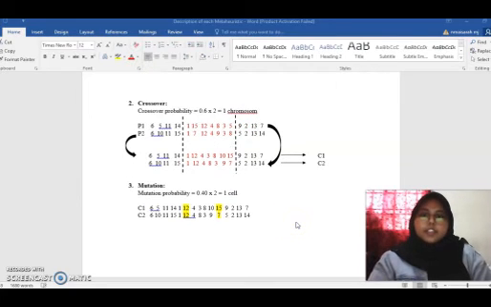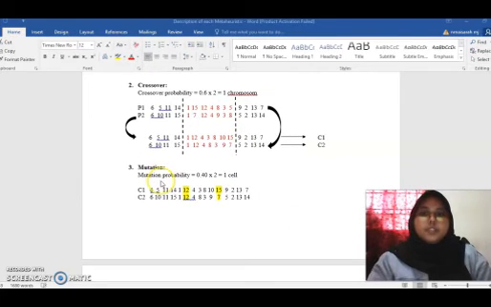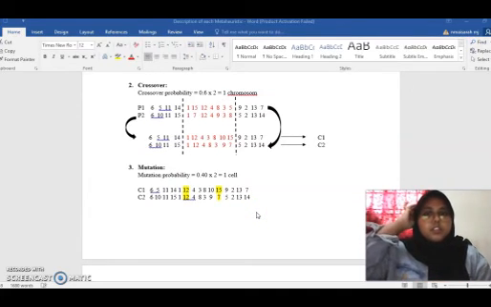And the next one is mutation. Mutation probability equals 0.4 times 2. We get one cell. So from the crossover, we got the children. We swap two cells, even though we need one cell only.